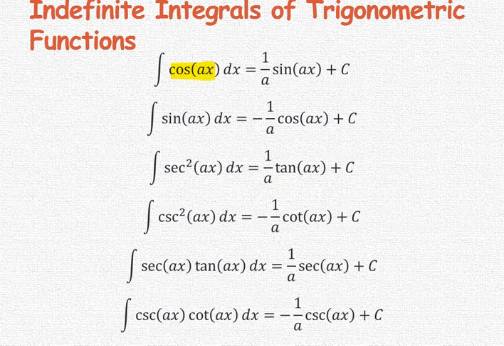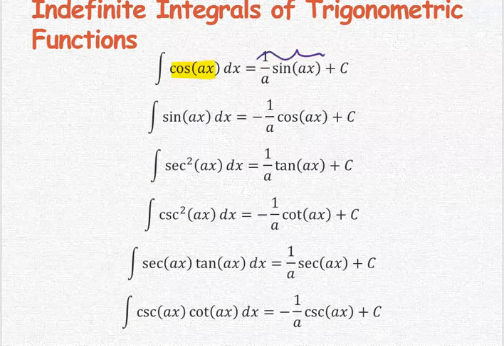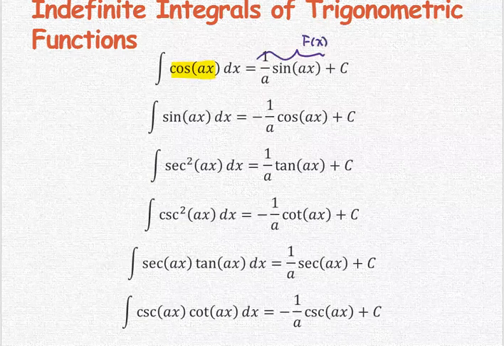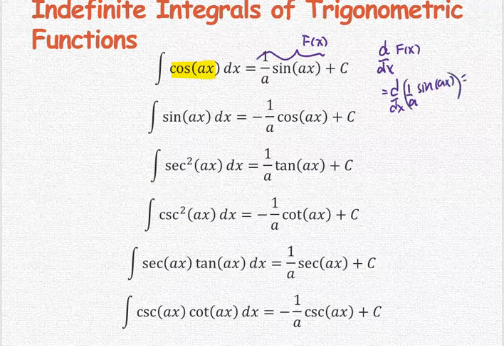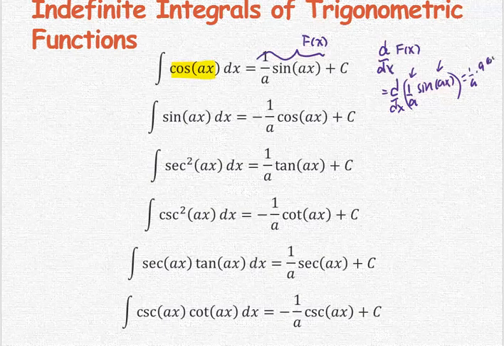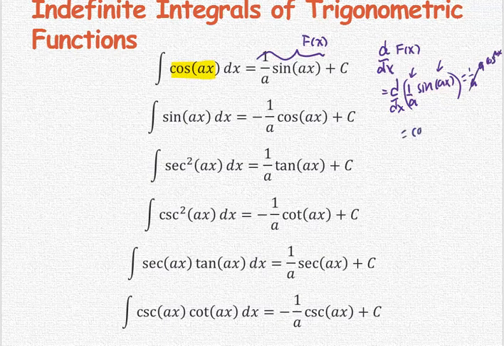Or we can say, let's treat this as the uppercase function F: the derivative with respect to x of F, which is 1 over a multiplied by sine of ax, using the constant multiple and the chain rule gives 1 over a times cosine of ax times a, which returns cosine ax, the lowercase function f, as the integrand.